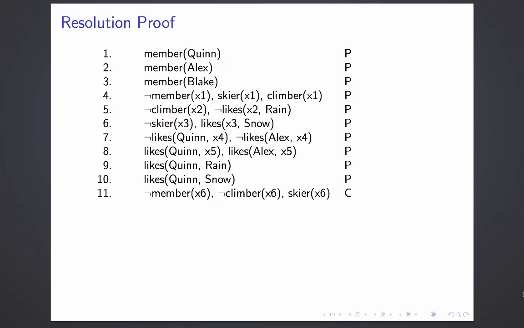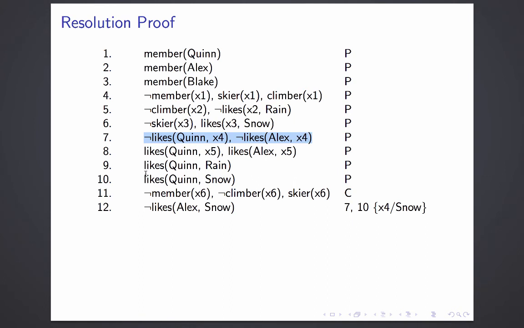Okay, now we are ready to do a resolution proof. I've listed the premises and the negated conclusion here on lines 1 to 11. The first thing I'm going to do is resolve lines 7 and 10. On line 7, I have my likes clauses here.